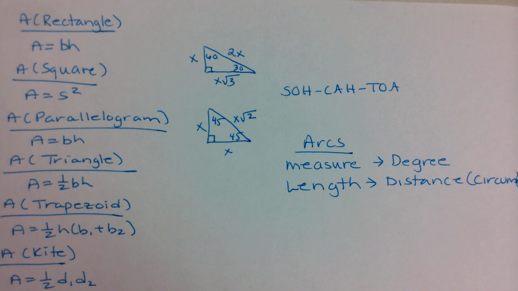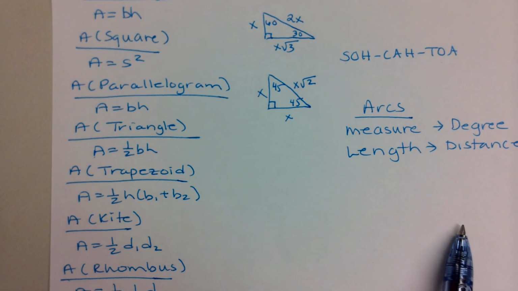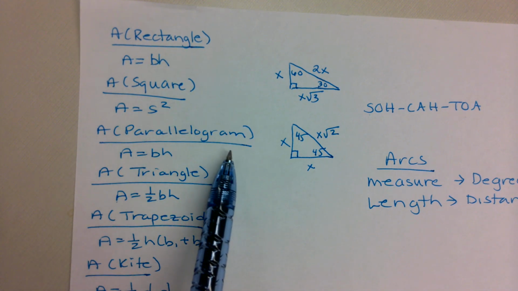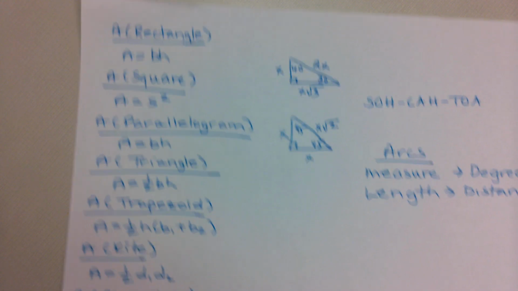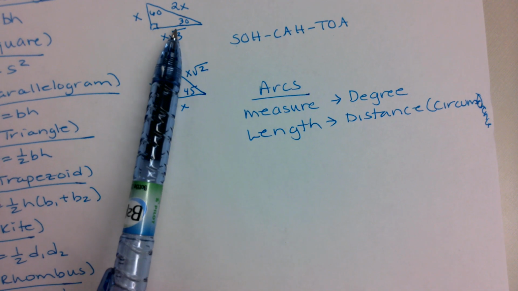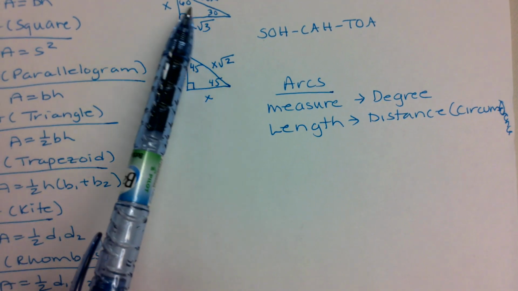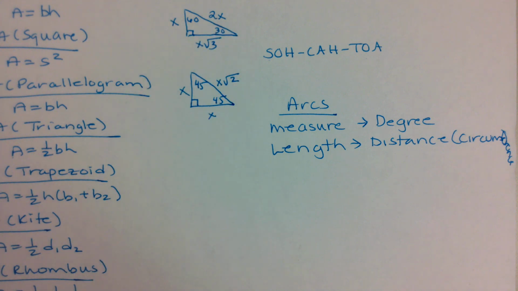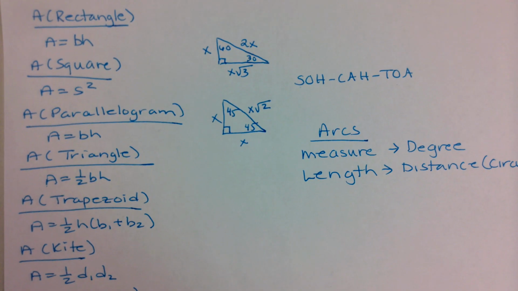Make yourself a sheet and put area of a rectangle, but don't put the formulas in. Put area of a rectangle, area of a square, area of a parallelogram, just like I have here. Put two triangles, 30, 60, 90, and 45, 45, 90, but don't label the sides. And then when you get the test, I'll let you pull that out and fill all those in right before you take the test, so that you can have it all there right in front of you.